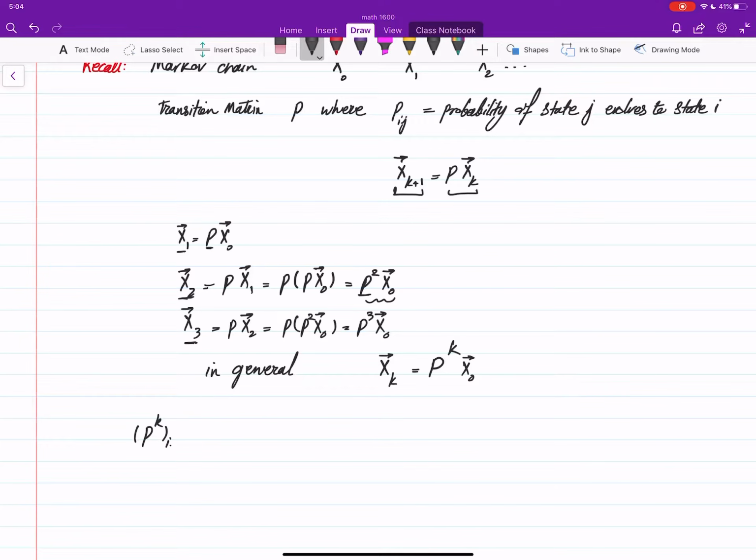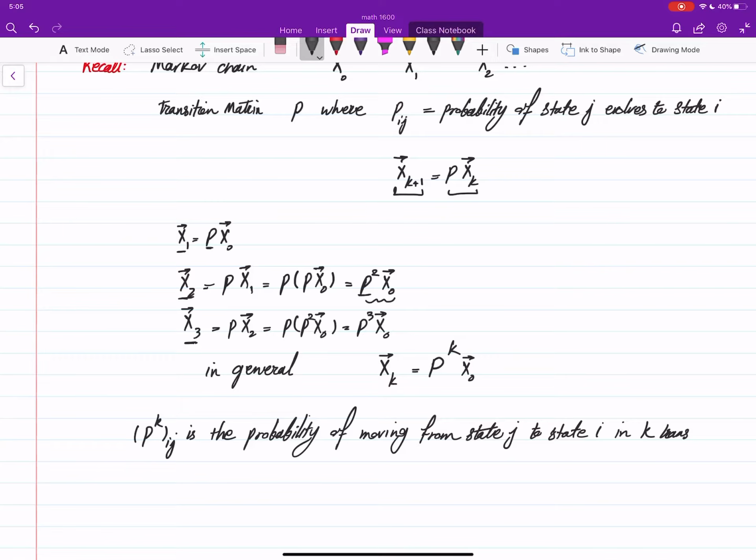The ij entry of P^k is the probability of moving from state j to state i in k transitions. So after k time evolutions, you get from state j to state i.